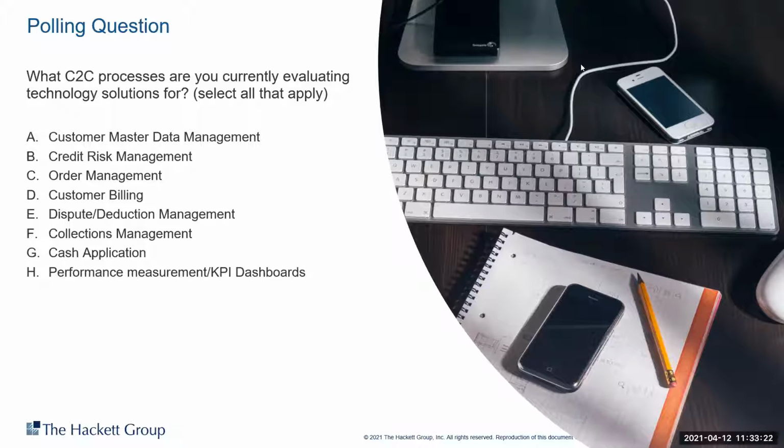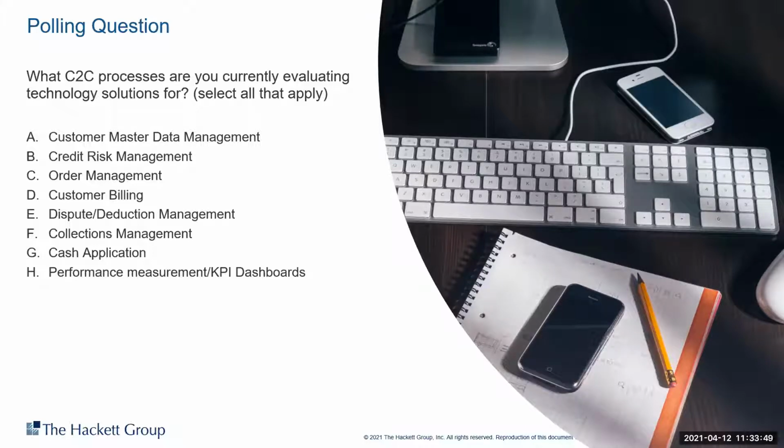I think we can end the polling now. People have submitted their responses, so let's have a look at the results. All right. Well, look at that, cash application. Gosh, and I know my colleague Siobhan is on. Siobhan and I have been leading the customer to cash advisory program at Hackett for about 10 years now, maybe longer. Cash application, it's amazing.